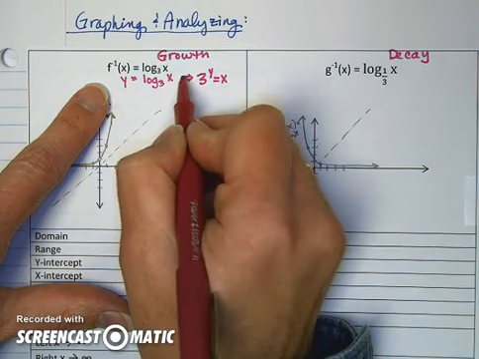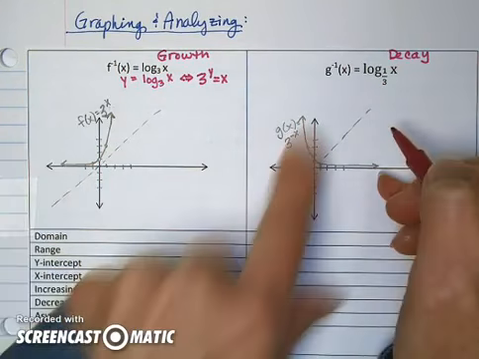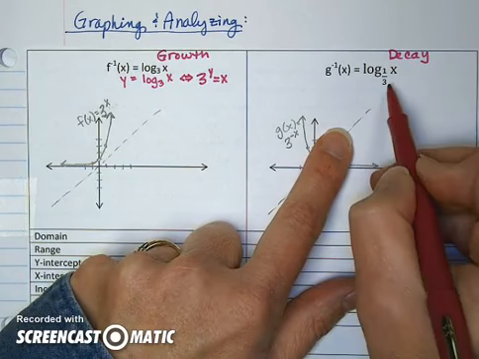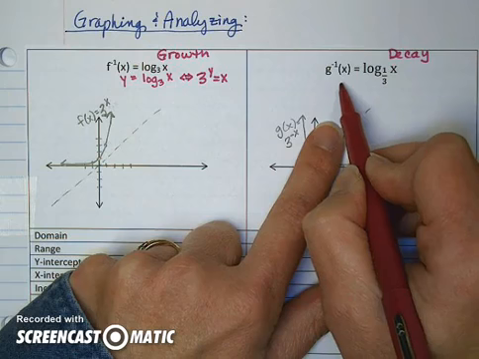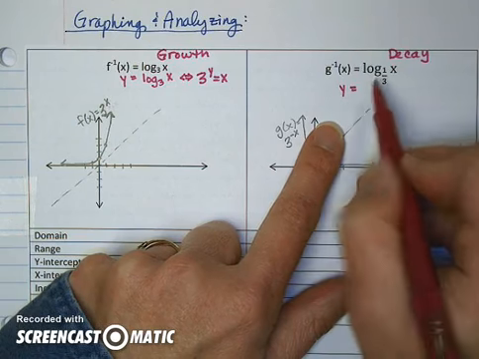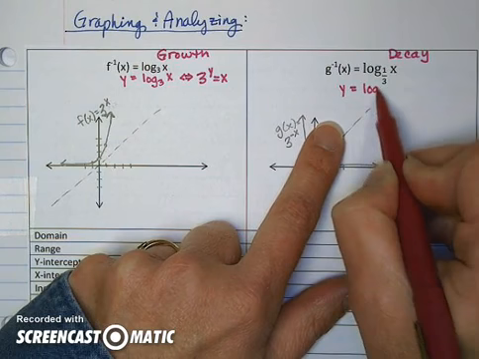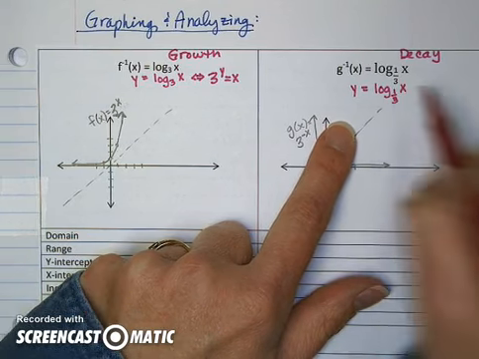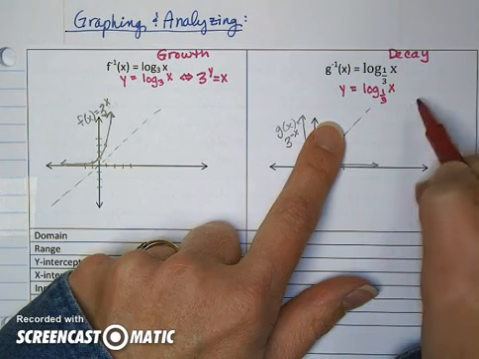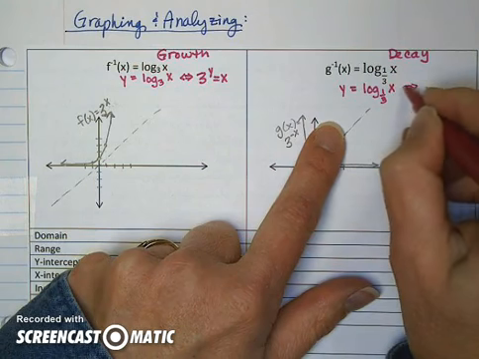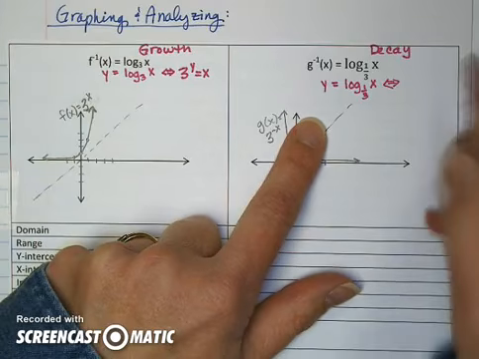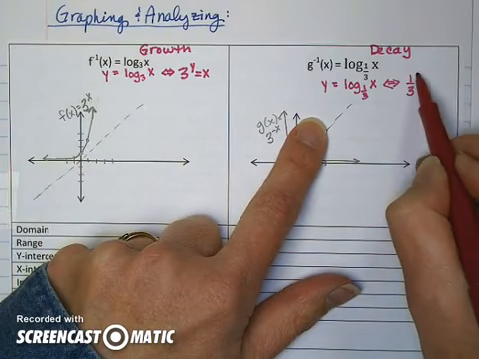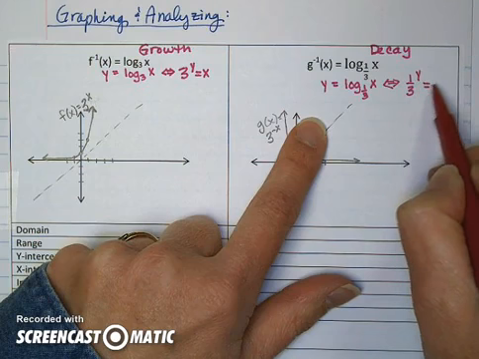Go back and forth. Let's look at the decay model. If I have this function, I can rewrite that as y equals log base 1/3 of x, and I can rewrite that exponentially as 1/3 to the y equals x.